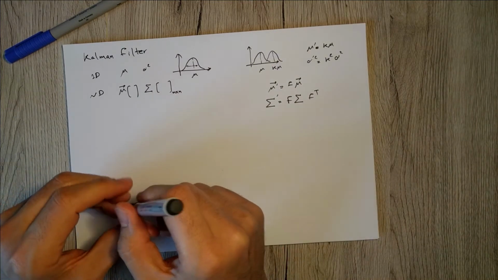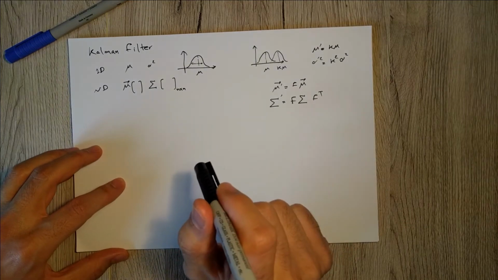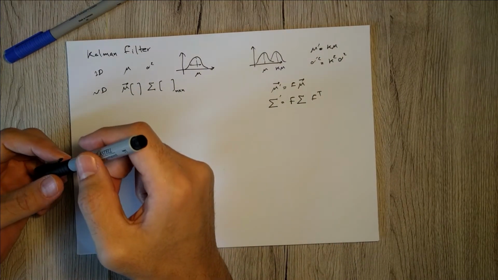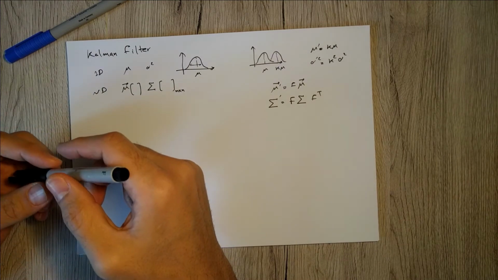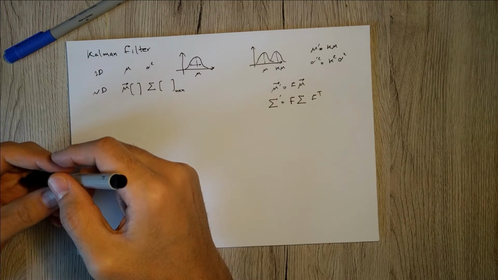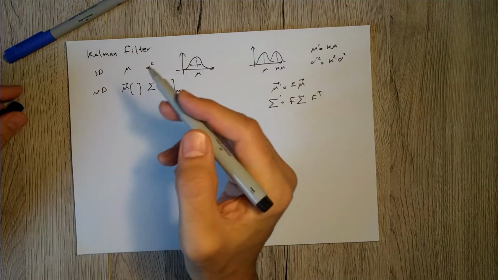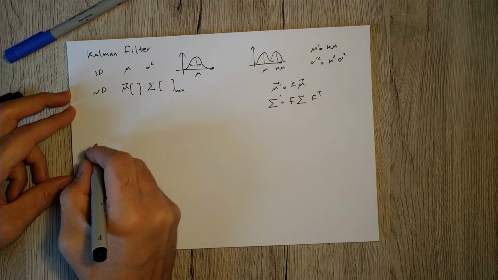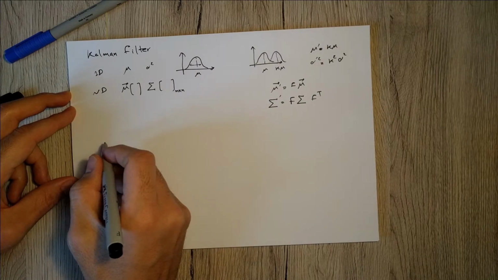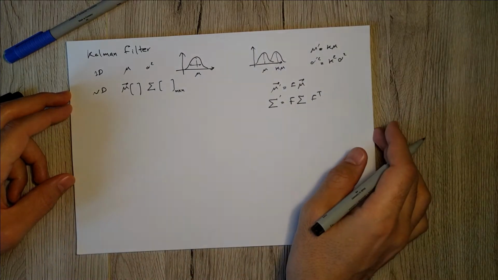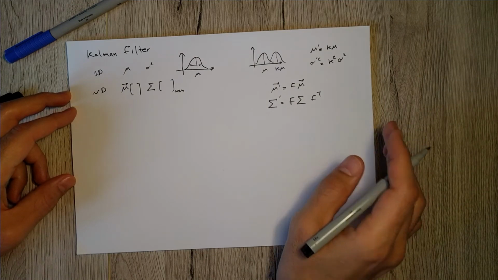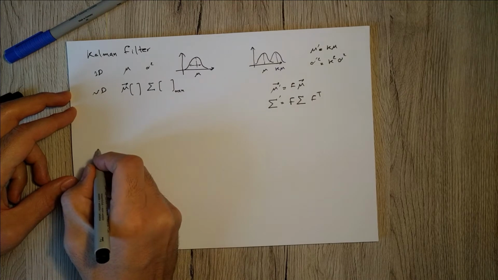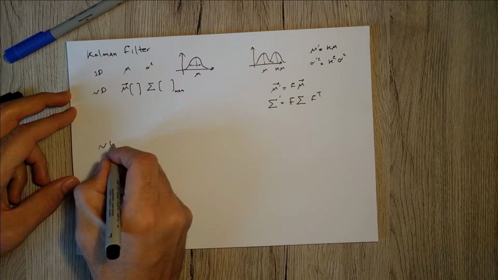The other thing we have to know is how to fuse our data. Let's say you have a belief about some state. For instance, you know that your robot is located at a specific position, and you have some belief about that, and you model it with some Gaussian distribution.